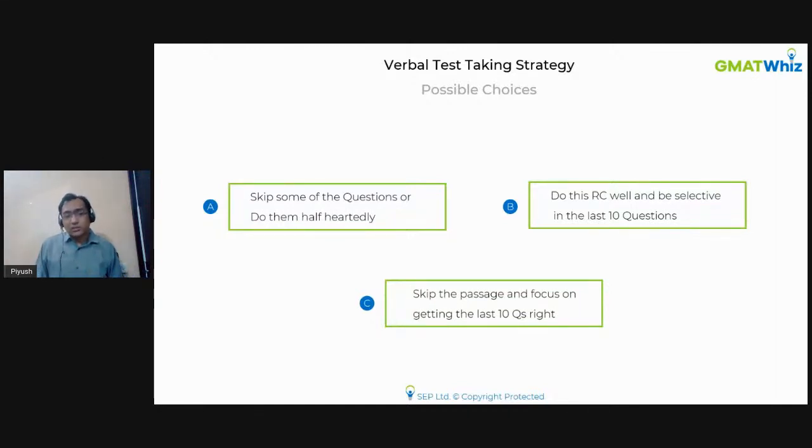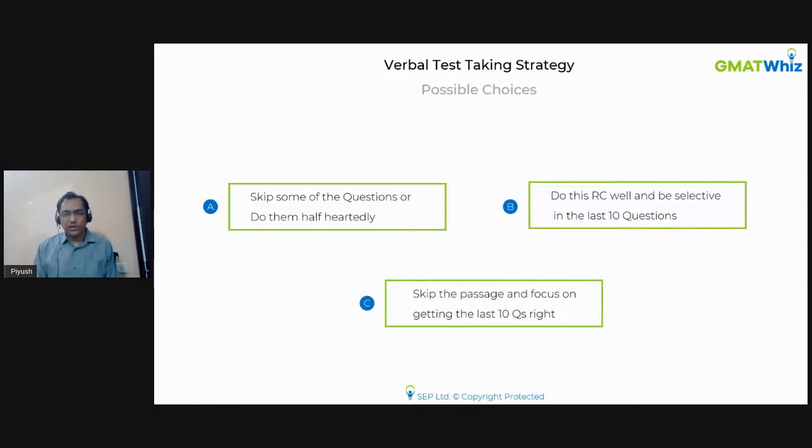So these were the three choices which I had, and that was a really tense, pressured situation where I had to decide among these three options. What will you do if you were in a similar situation? I have some comments. Varun says I will do them completely. Good point, Varun. Nagarajan says I will probably go for option A, which is I'll skip some questions, maybe selectively do them or do them half-heartedly.